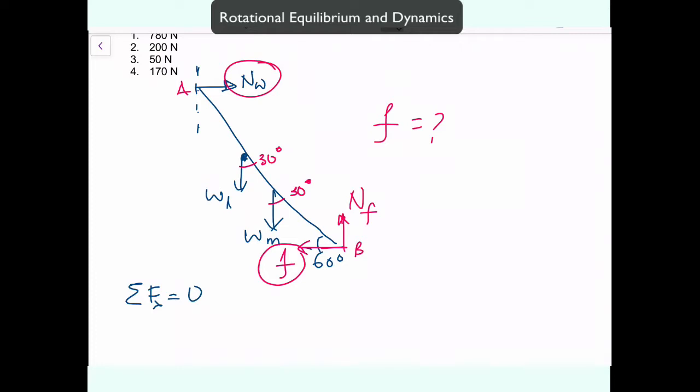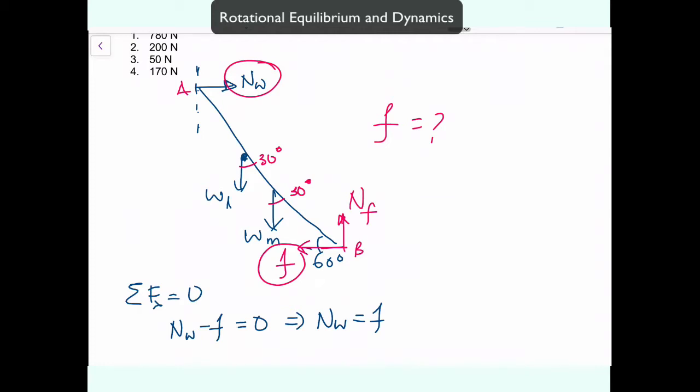The normal force from the wall acts in the positive direction, so I'm going to represent it as positive N_W, and minus F is acting in the negative x direction. There is no other force in the x direction, so that's equal to 0. That means if you can find the normal force from the wall, then you can find the friction force.